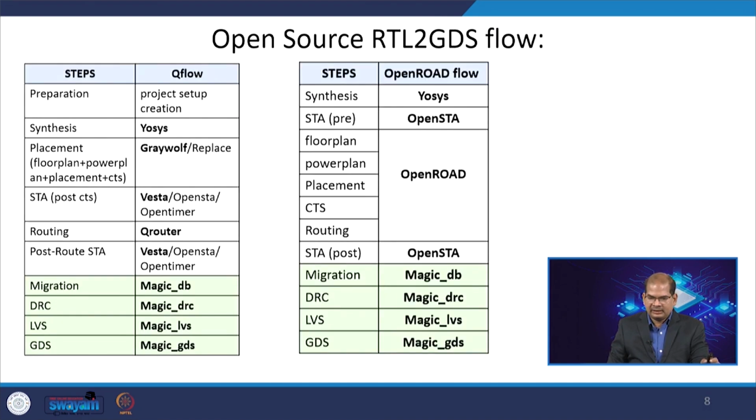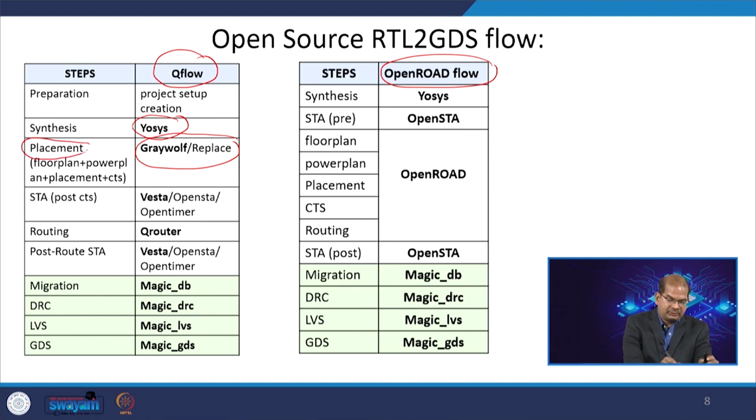Then there are some differences between Qflow and OpenROAD flow. For Qflow, we have the Yosys engine for logic synthesis. Then Graywolf is the tool used for placement.